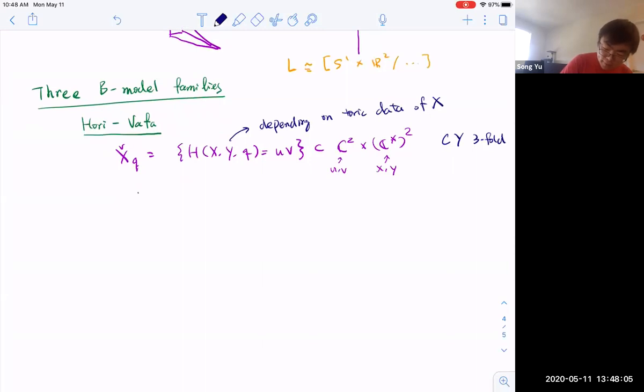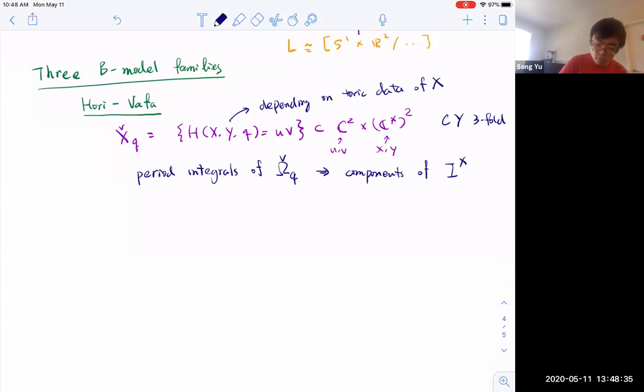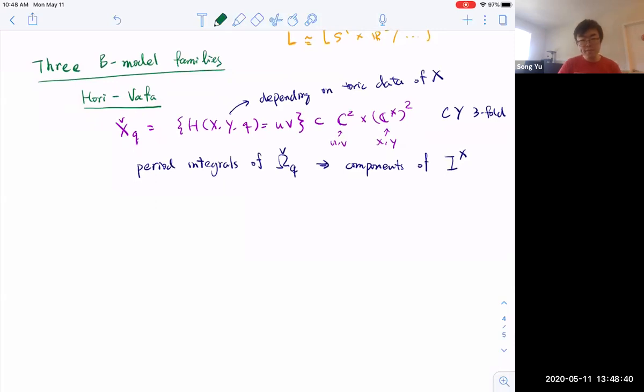In this case, the mirror symmetry is manifested in the fact that the period integrals of the non-vanishing volume form omega_q on X_q, and omega_q check on X_q check, give you the components of the I function of the A model X. This construction is actually pretty general.